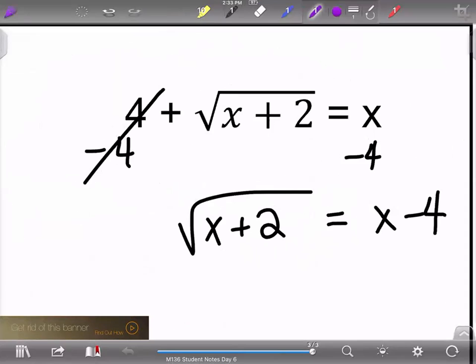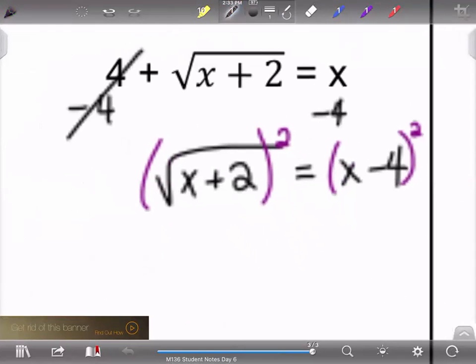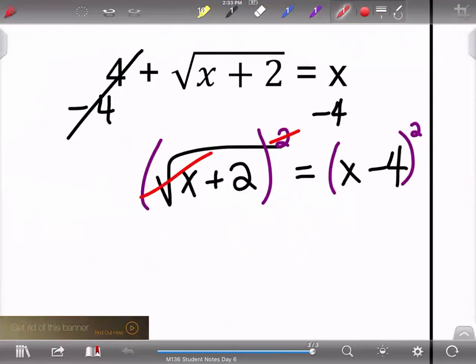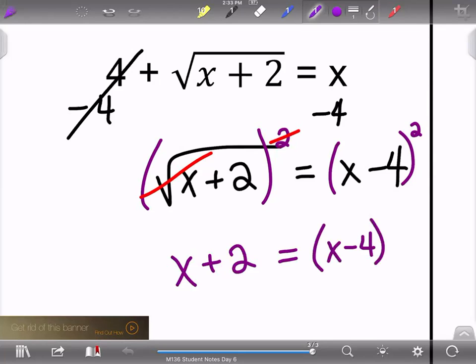Now we want to square both sides. On the left-hand side, the square root and the squared cancel, they're inverses, leaving us with x plus 2. And then on the right-hand side, make sure you multiply x minus 4 times x minus 4.